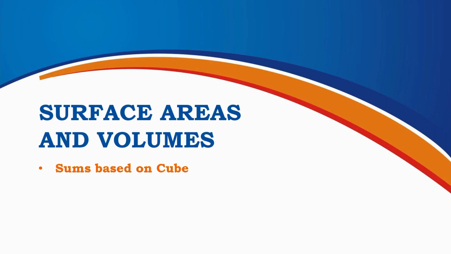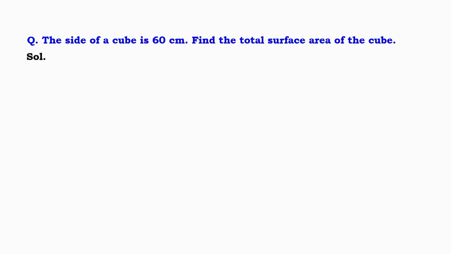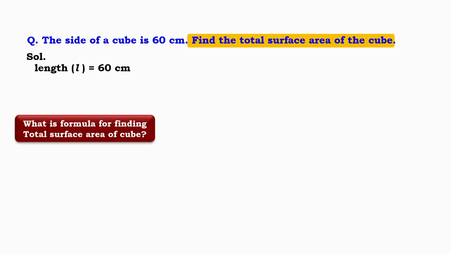Now let us take a look at some problems based on the cube. The first problem is: the side of a cube is 60 centimeter. Find the total surface area of the cube. The side of the cube is given, that is L equal to 60 centimeter. We need to find the total surface area. The formula for the total surface area of a cube is 6L square.